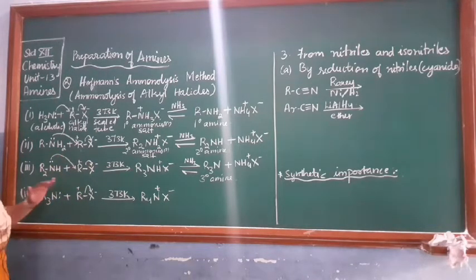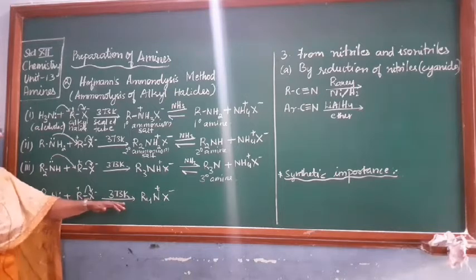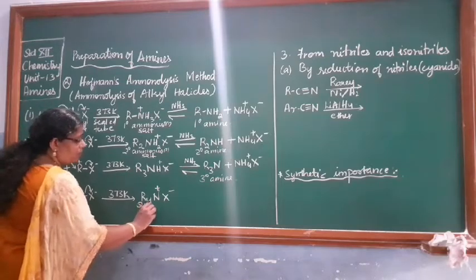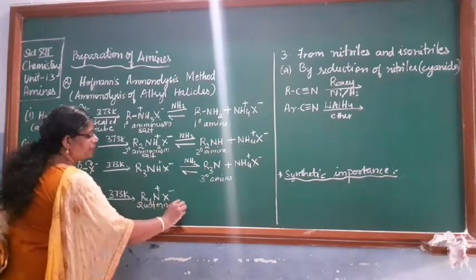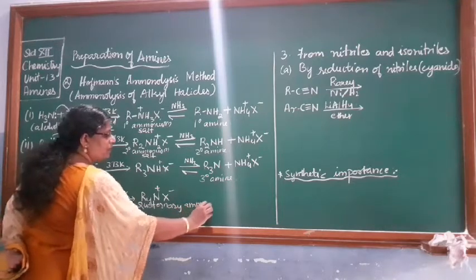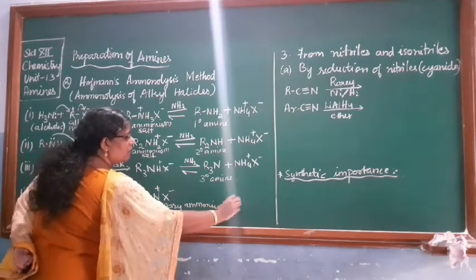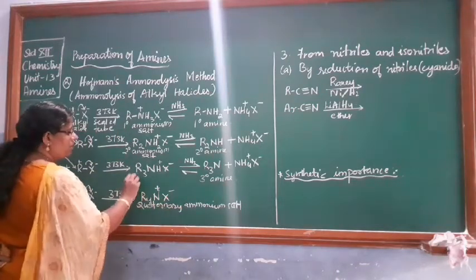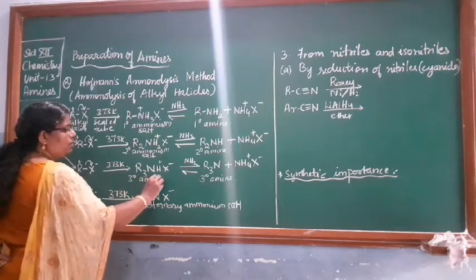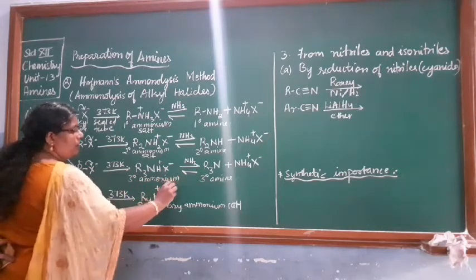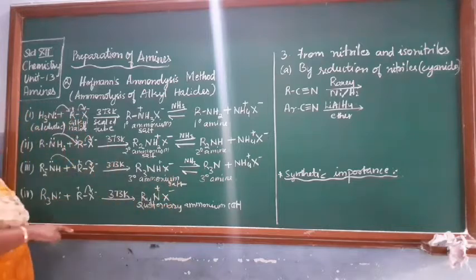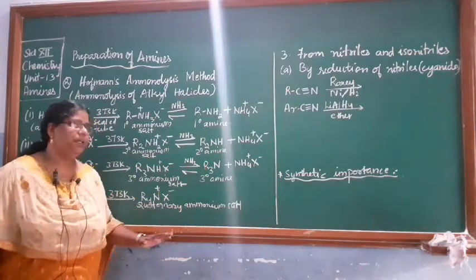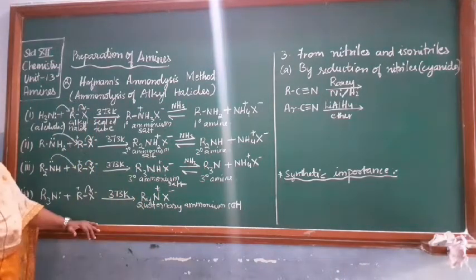The tertiary amine will again undergo reaction with alkyl halide to give you the quaternary ammonium salt. ठीक है? क्योंकि R4N है. So this is your quaternary ammonium salt. This is your tertiary ammonium salt. So in this way the reaction mixture will have all these things, that is primary amine भी होगा, secondary amine, tertiary amine and quaternary ammonium salt.